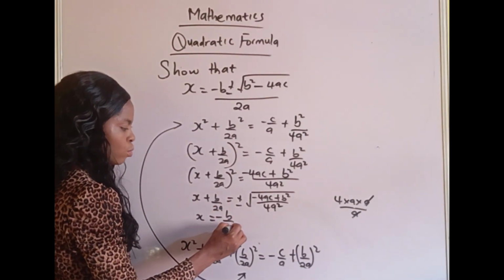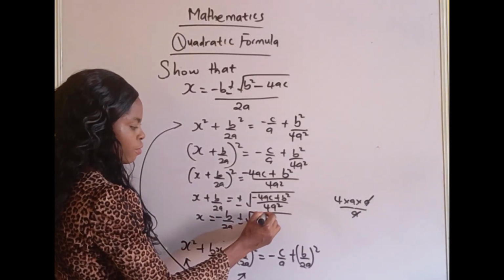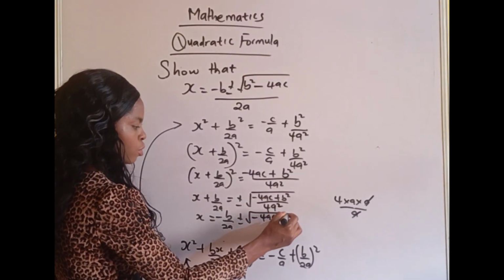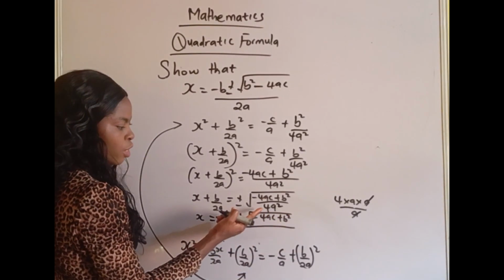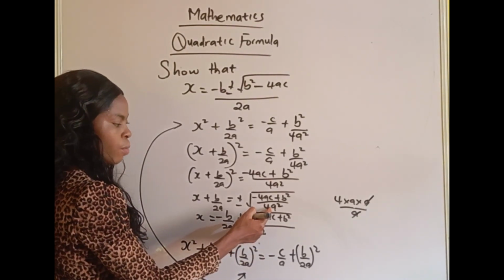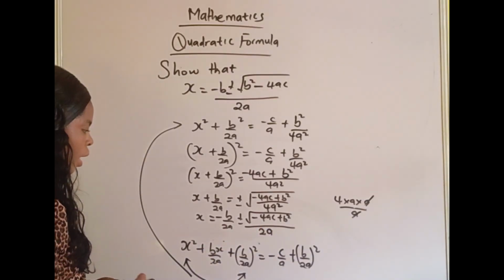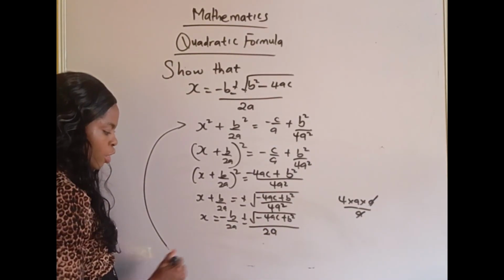Minus b all over 2a plus or minus root minus 4ac plus b square all over, the square root of 4 is 2 and a square is a perfect square. The square root of a square is also what? It is a. Make this a single fraction.